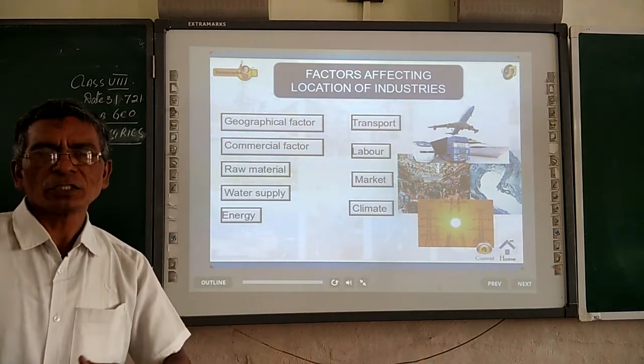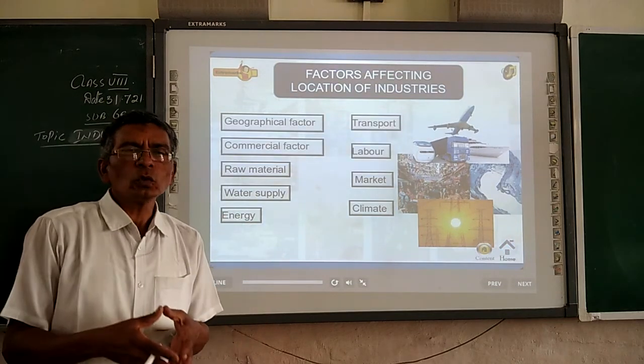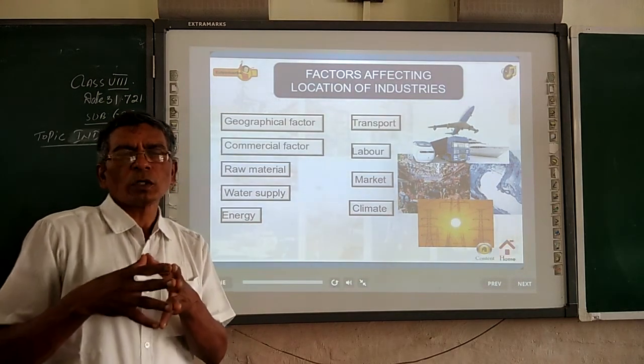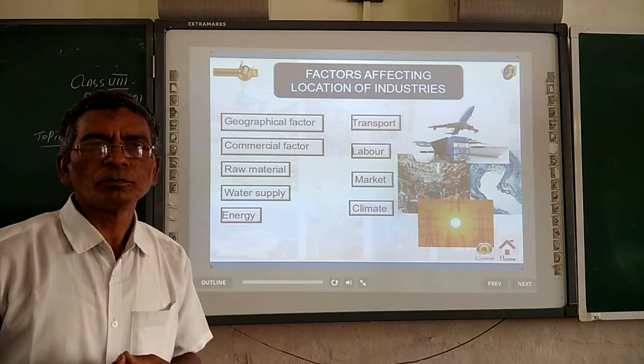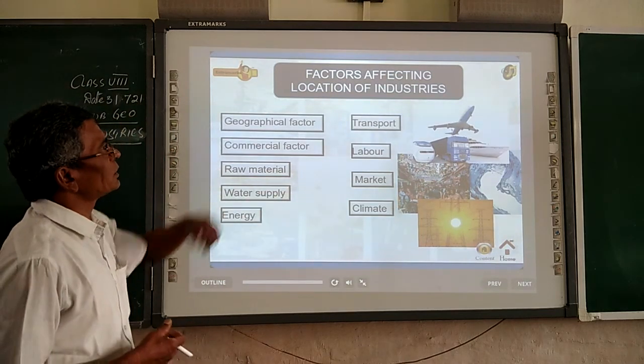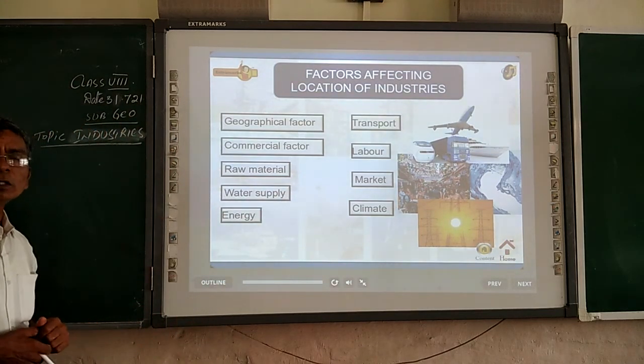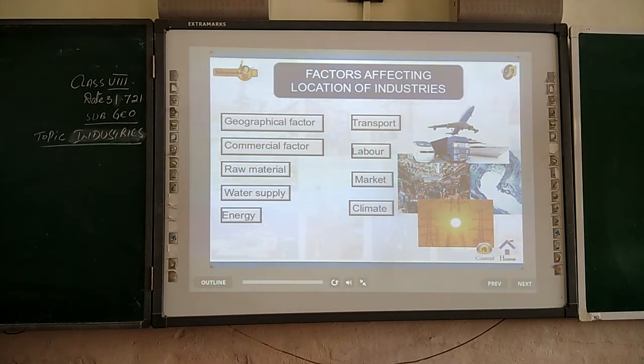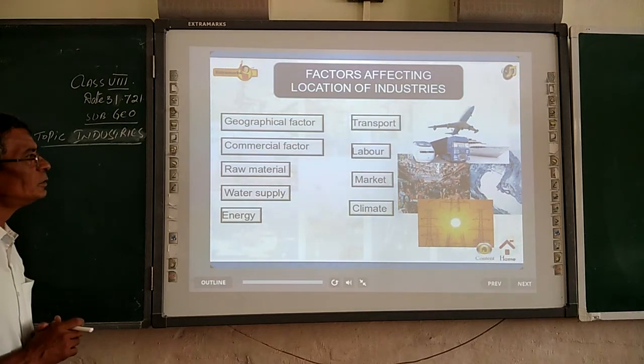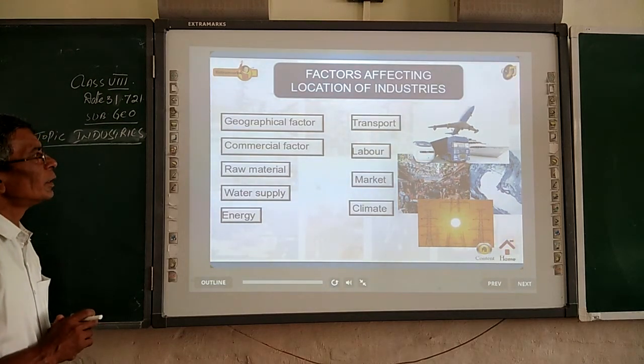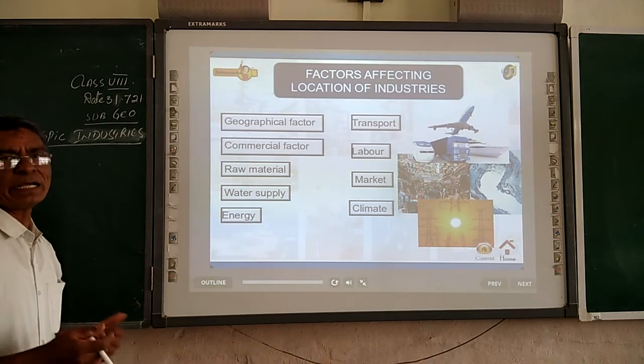Such places you have to select before you start the industry. So these are the factors affecting the location of industry: geographical factors, commercial factors, raw material, water supply, energy, climate, market, labor, as well as transport.